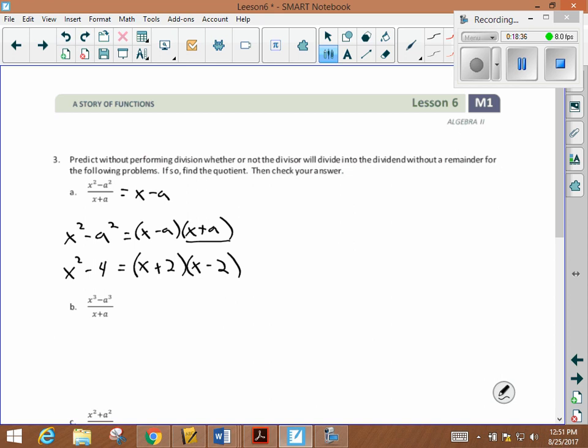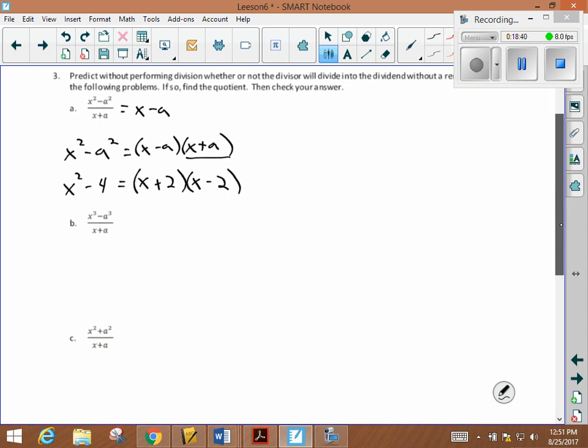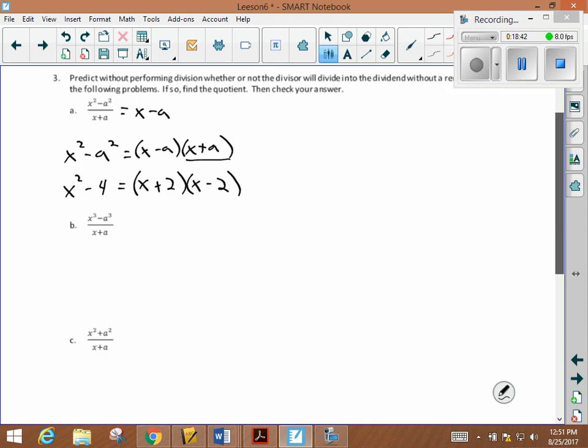Well, it's less obvious for difference of cubes. Right, which is what we have here in B. We have difference of cubes here in B. Do we remember offhand what the formula for difference of cubes is? Maybe not. Maybe you've never seen it before.